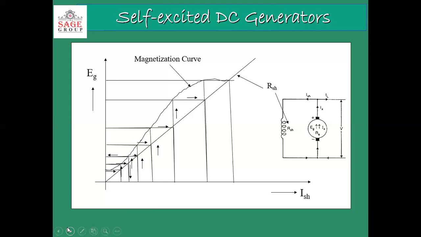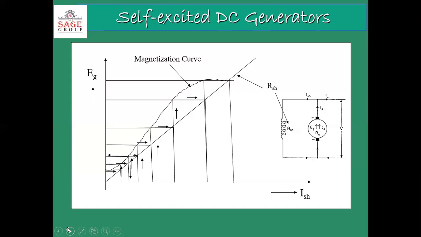In today's lecture, we are going to concentrate on the reasons for which this building up of voltage is hampered by various reasons besides non-availability of residual magnetism.